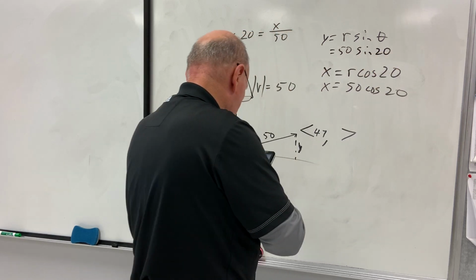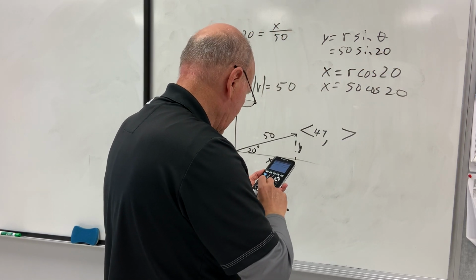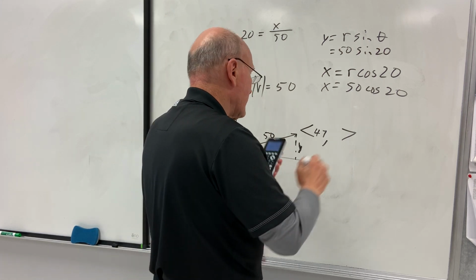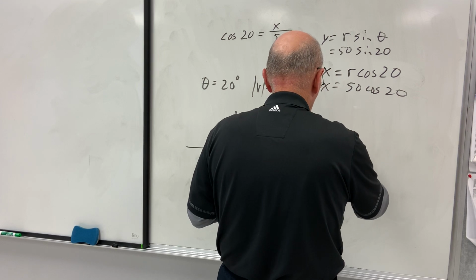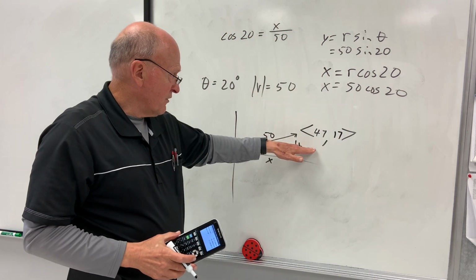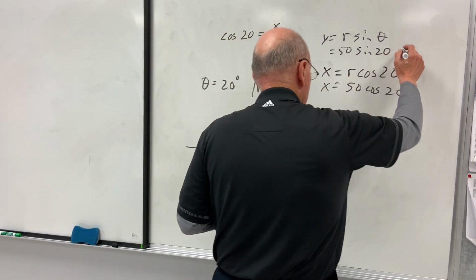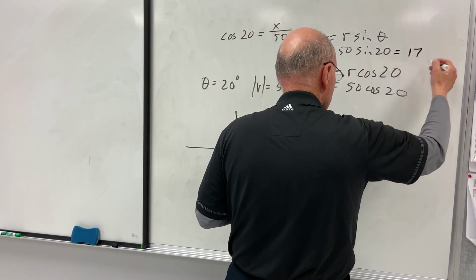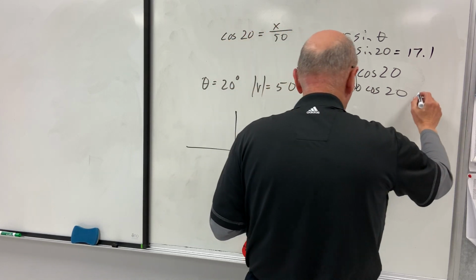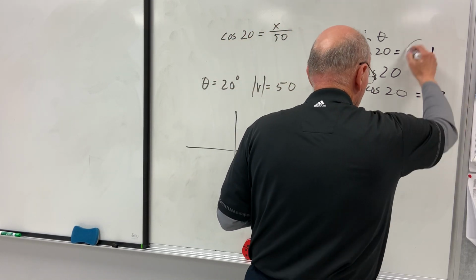I got 50 sine 20, and I'm getting 17.1. I'm going to round it off to 17. So here it is in terms of my component vectors: this is approximately 17, actually 17.1 something, and this is approximately 47.